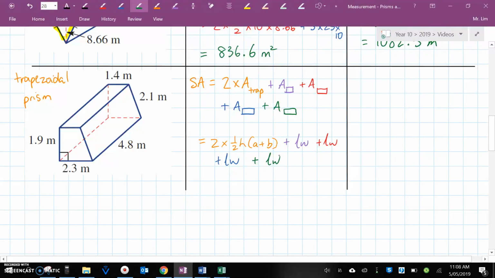I wrote them 4 times because they're all different in size. That gives us 2 times half times 1.9. That's the height of the trapezium. The 2 parallel sides are 1.4 and 2.3.